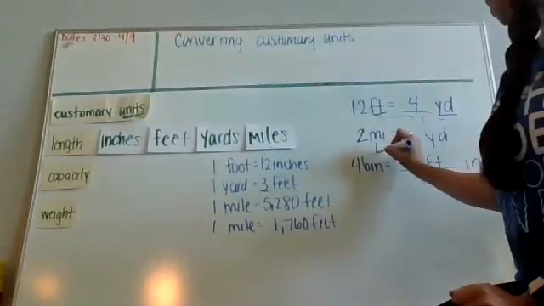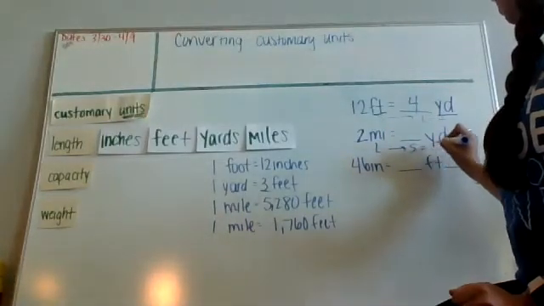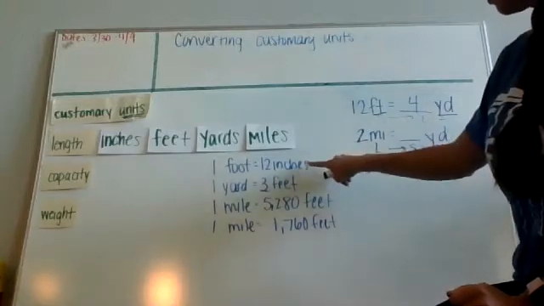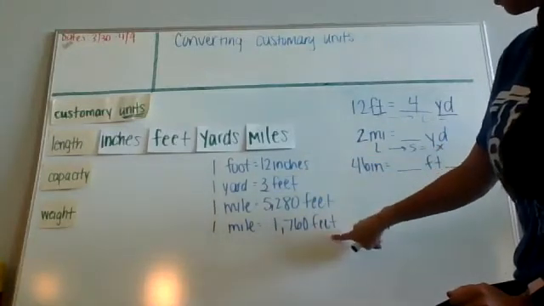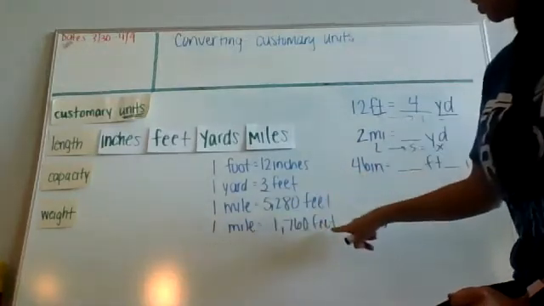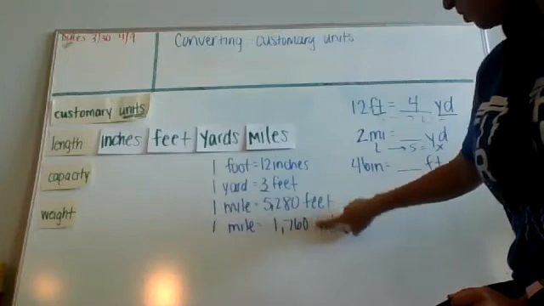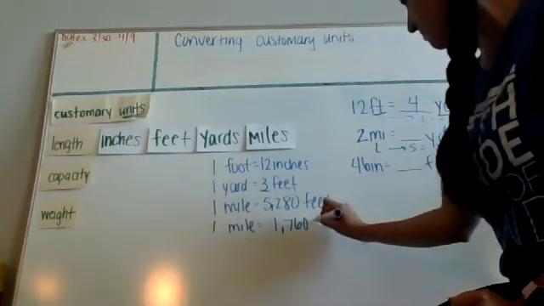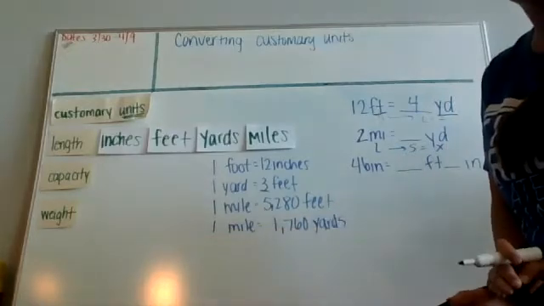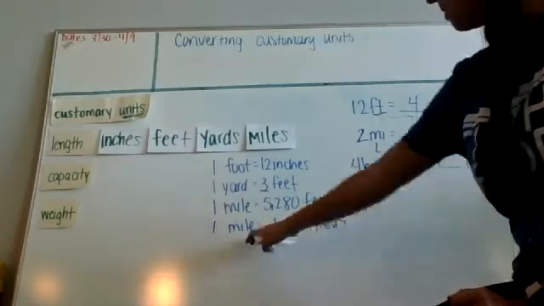So large unit to a small unit equals multiply. So I have miles to yards. So I go down my chart. That's miles to feet. So be careful. Miles, and I think this is supposed to be yards. Miles to yards. Okay? So miles to yards.